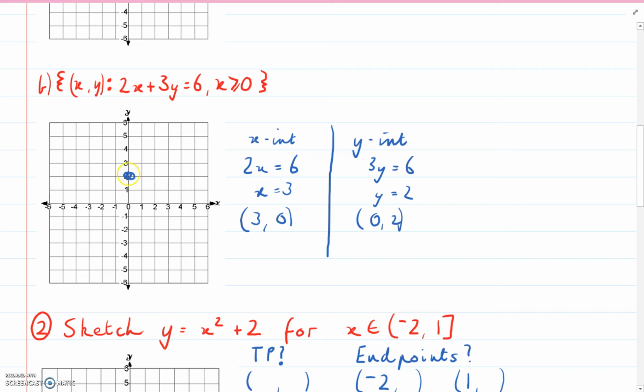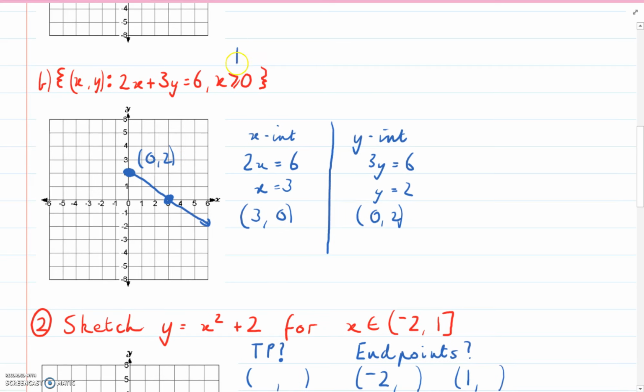So let's quickly plot those points. We know that that is specifically what is happening here. Now the reason I'm not going to the left of the y-axis, that is when x is 0. And so I've done a solid dot here for 0, 2. If this was not including 0, then I'd have an open circle.